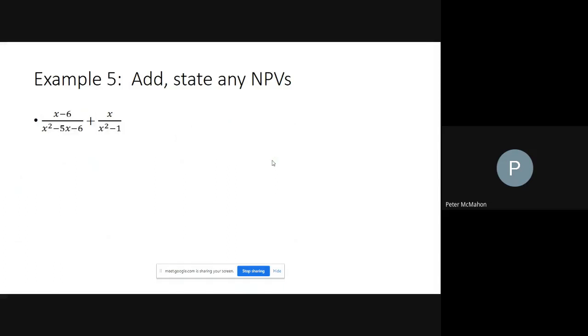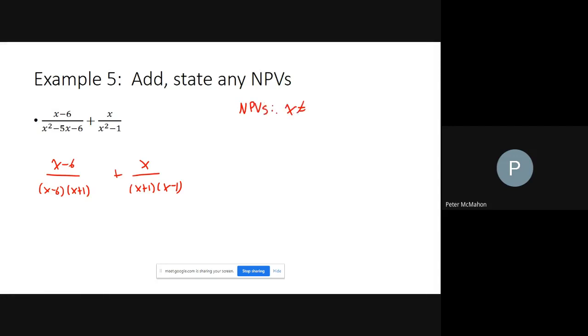All right, example 5. Similar idea over here. Step 1, factor everything we can. x minus 6 over x minus 6, x plus 1, plus x over x plus 1, x minus 1. I'm just going to list my non-permissible values right away.